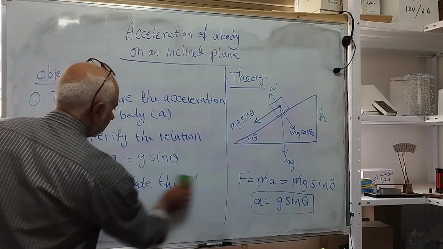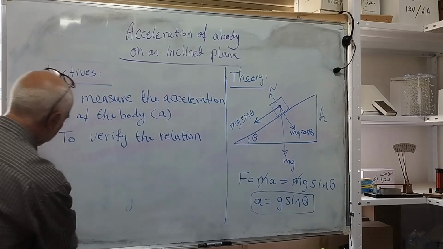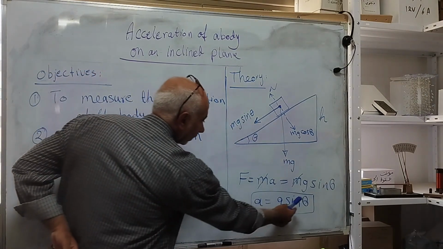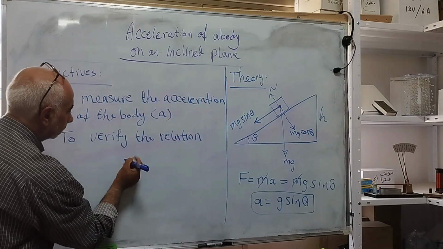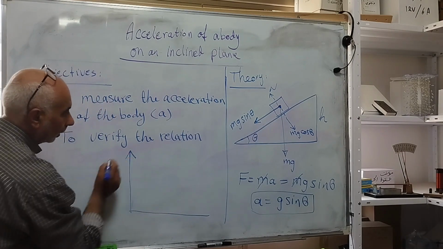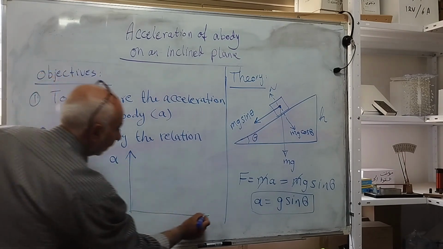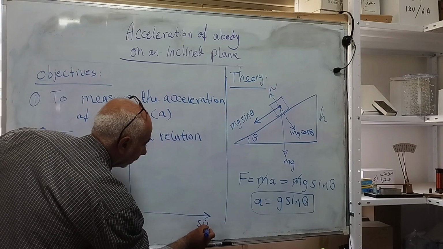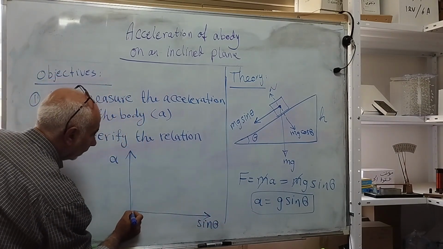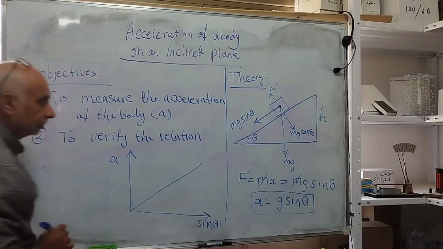Now, if we plot the relation between A and sine theta in a graph, here A, here sine theta, we'll get a straight line.